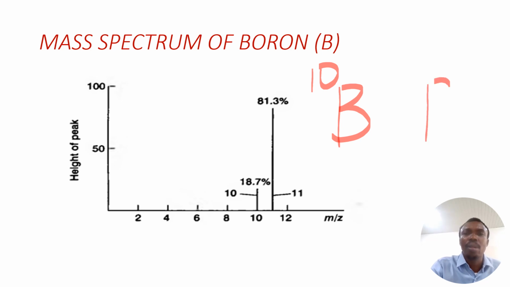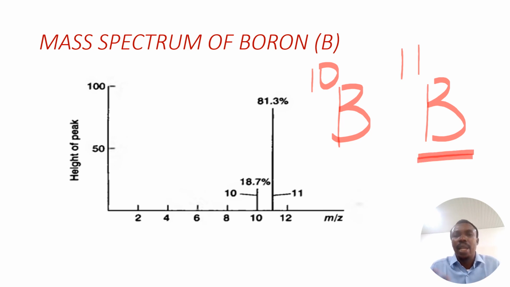and boron 11. So just as I said, the isotope with the highest mass to charge ratio is the heaviest isotope. So boron 11 is the heaviest, while the isotope that has the tallest peak is the most stable isotope. You can see that boron 11 is also the most stable isotope.